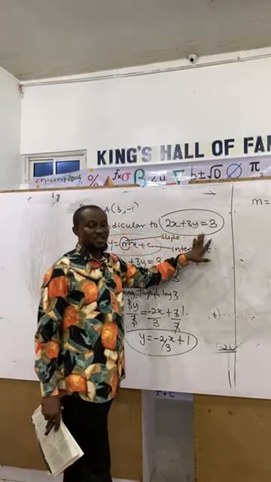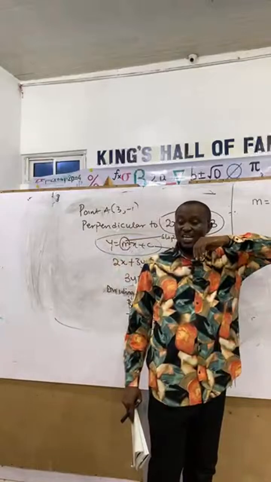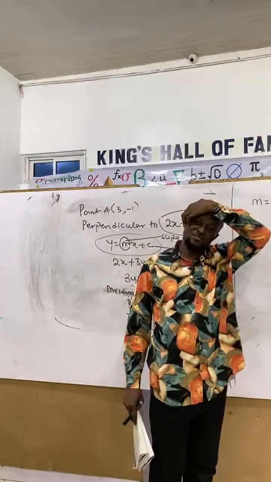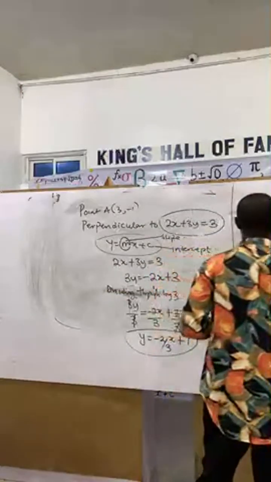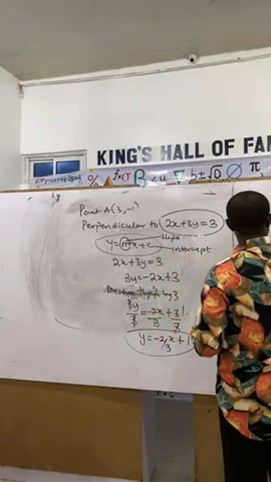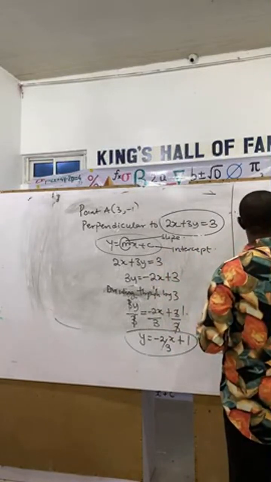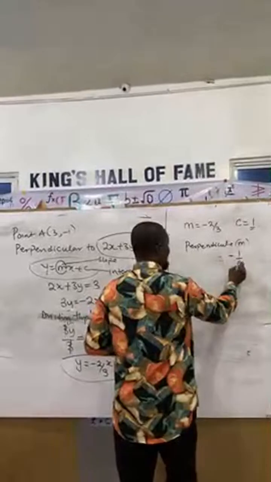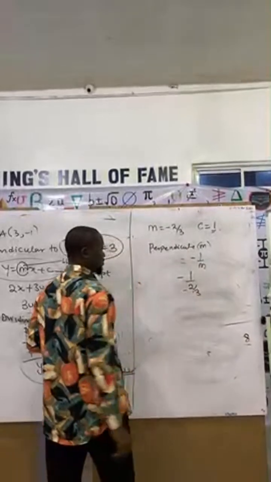For a perpendicular line, the slope equals minus 1 over m. So that will be minus 1 over what is my m? Minus into minus 2 over 3.